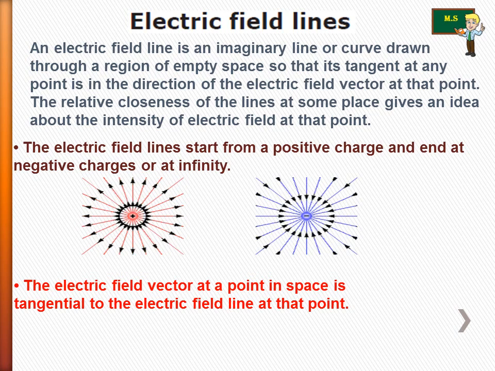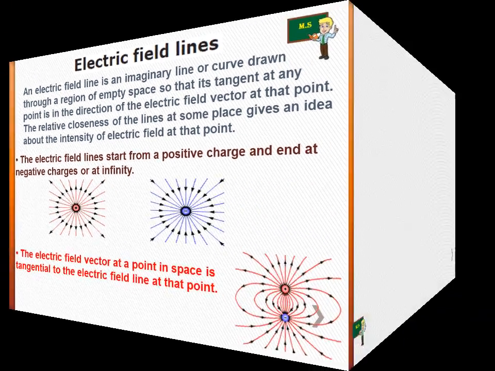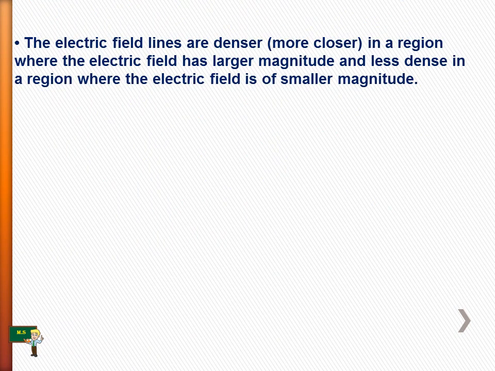Now, the second important property: the electric field vector at any point in space is tangential to the electric field line. And the third property: the electric field lines are denser, more closer, in a region where the electric field is of larger magnitude and less dense in a region where the electric field is of smaller magnitude.